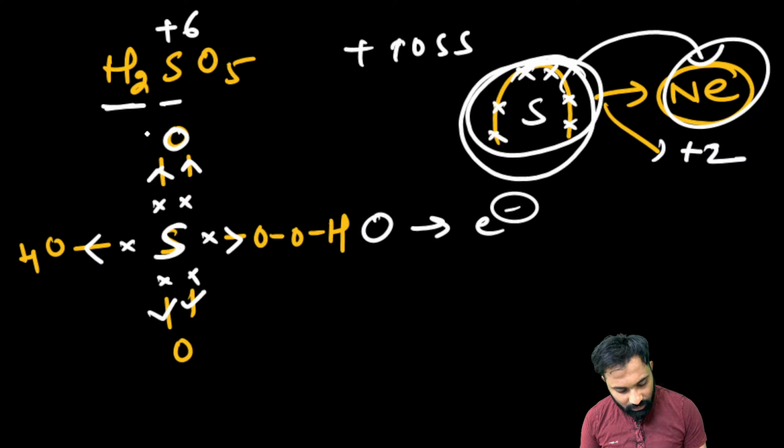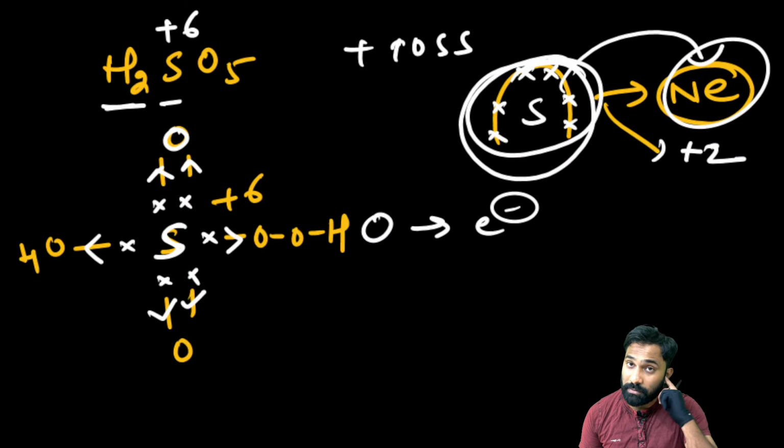In total, 6 electrons of the sulfur are being dragged by the oxygen. So that's the reason its oxidation number is plus 6, not plus 8. My dear friends, you have to be very careful with this one. When you calculate the oxidation number, you will get plus 8, but for H2SO5 the oxidation number is not plus 8, it is plus 6. I hope it is clear for everyone.